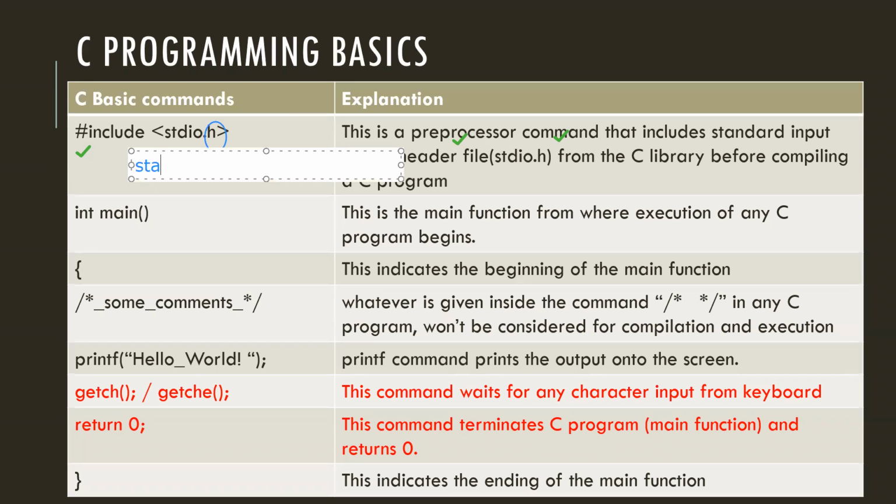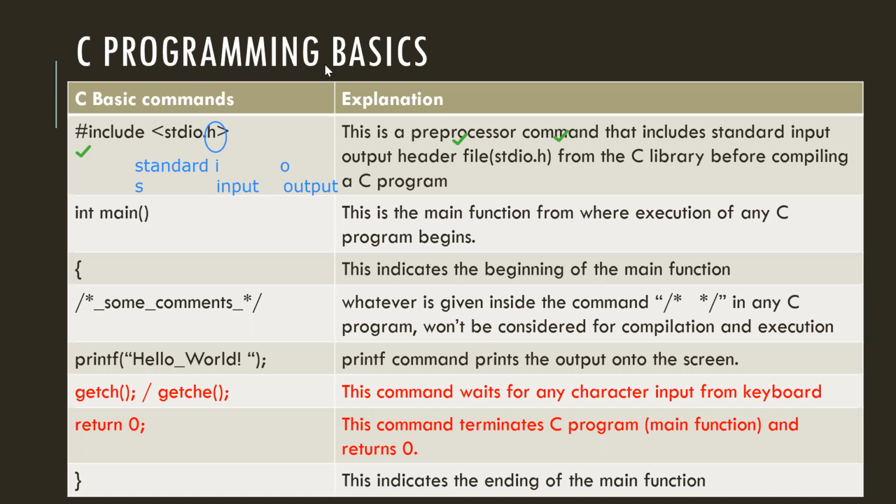It means standard, that is for S, and then I is short for input and O is for output. So we are invoking this library, the standard input-output header library, because we will be asking the user to input and there will be output.